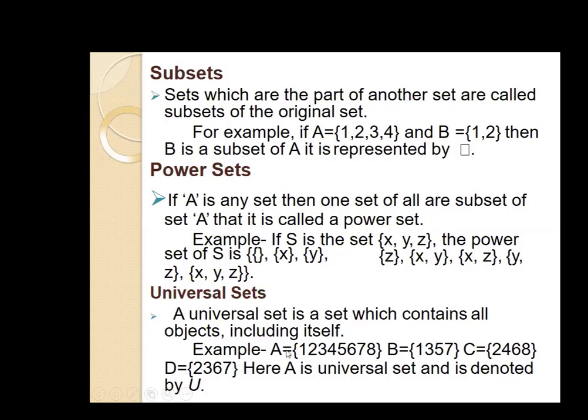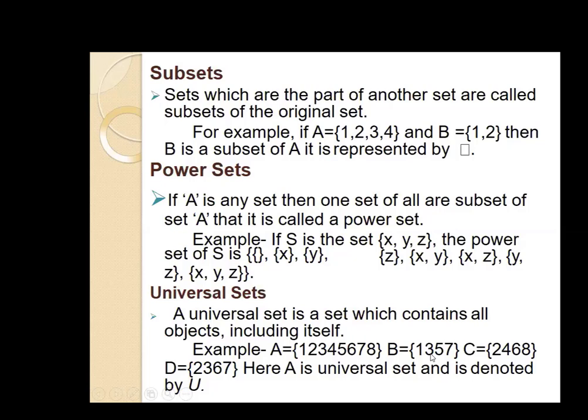Okay, like if A contains 1, 2, 3, 4, 5, 6, 7, 8, and B is another set which contains 1, 3, 5, and 7, and C contains 2, 4, 6, 8. Now you can see that B and C are both subsets of A. D is also a subset of A. Okay, why?